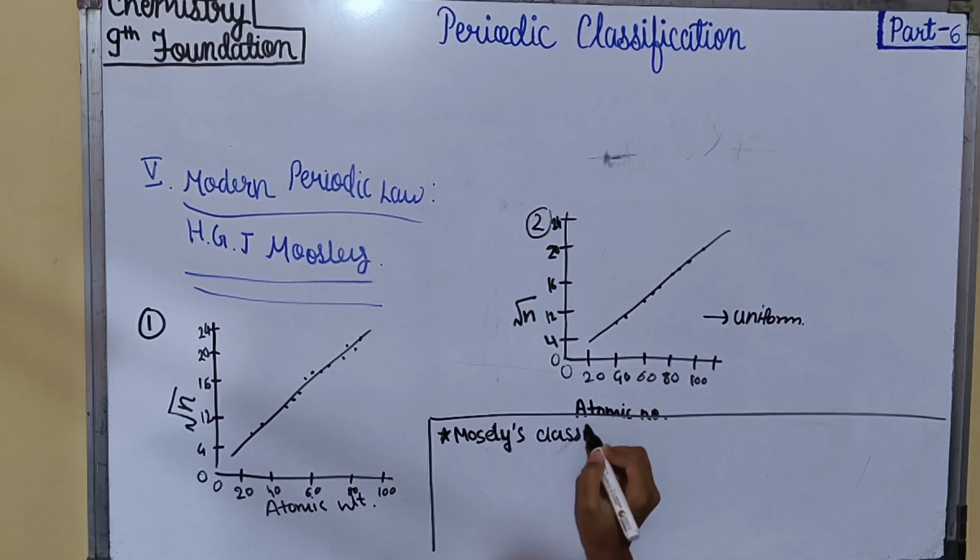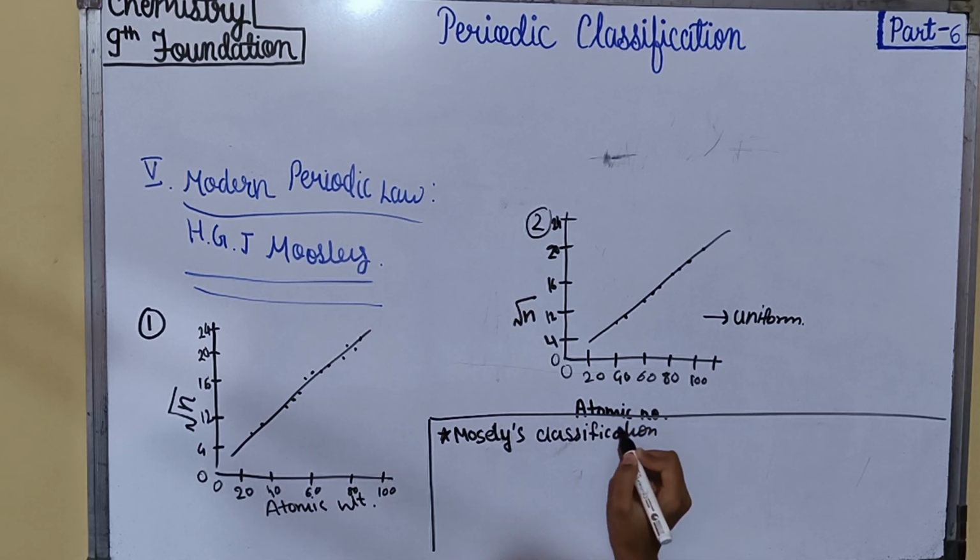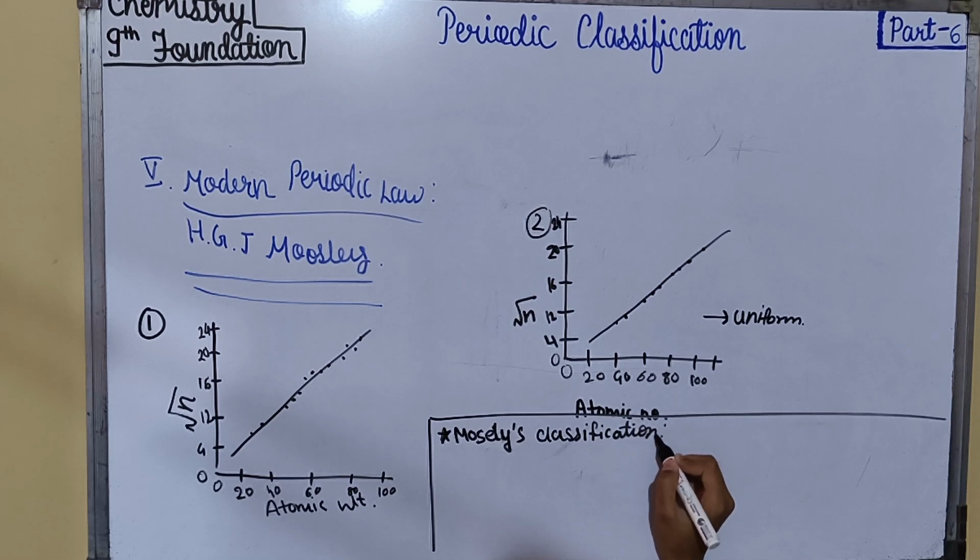Moseley's classification is also called modern periodic classification. So, there are some headings in which we will learn the details of this.